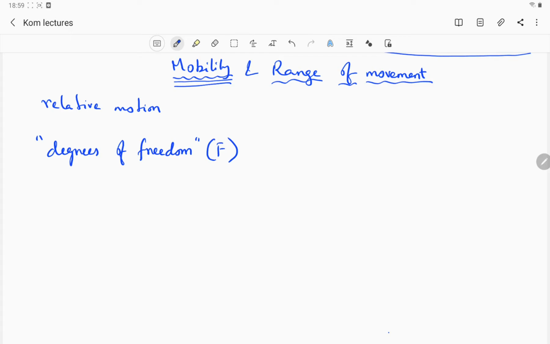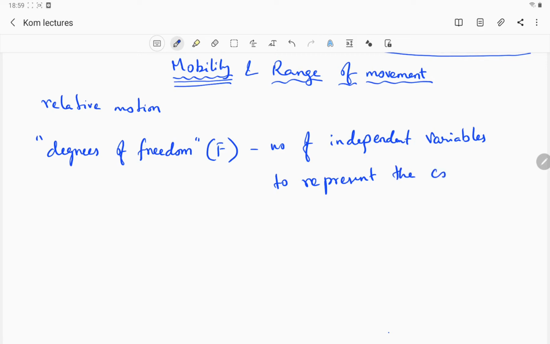Okay, so what's degrees of freedom? It's a number which represents the number of independent variables to represent the configuration of the mechanism.